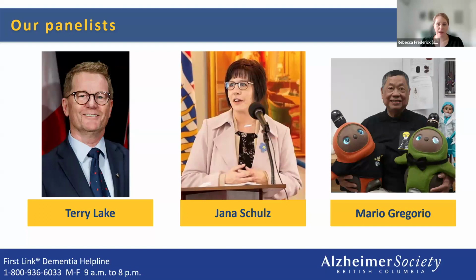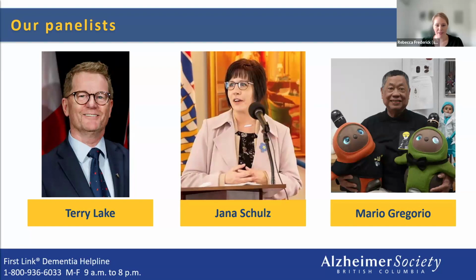Jana's mother recently passed away after a brief battle from cancer. We're sorry to hear that, Jana. Jana uses her experience to advocate for more targeted research, culturally safe resources and supports, equitable access to care, and increased quality of life for those impacted by dementia, particularly for Indigenous people. So welcome, Jana. Thank you.